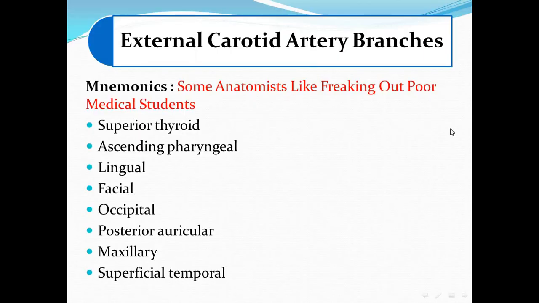Here we will focus on the external carotid artery, which gives the branches to supply the face and neck. So the mnemonic to remember the branches of the external carotid artery is: some anatomists like freaking out poor medical students. Of course, not me, right?